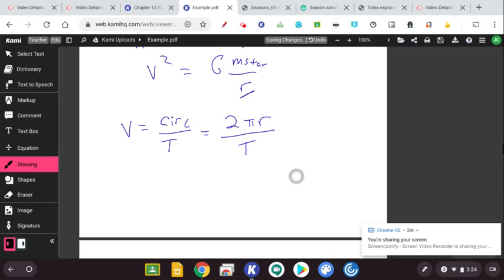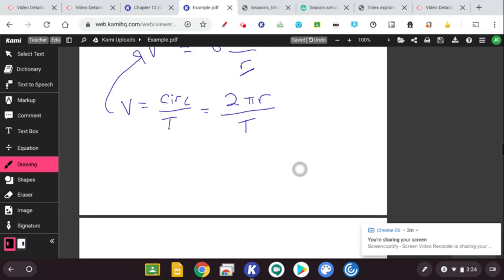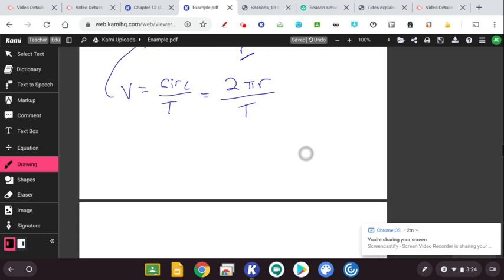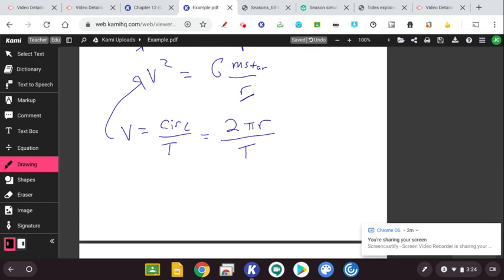Let's work this out a little bit and set this equal to this. And when we do that, we end up with 2 pi r divided by t squared is equal to G, the mass of the star, divided by the radius.